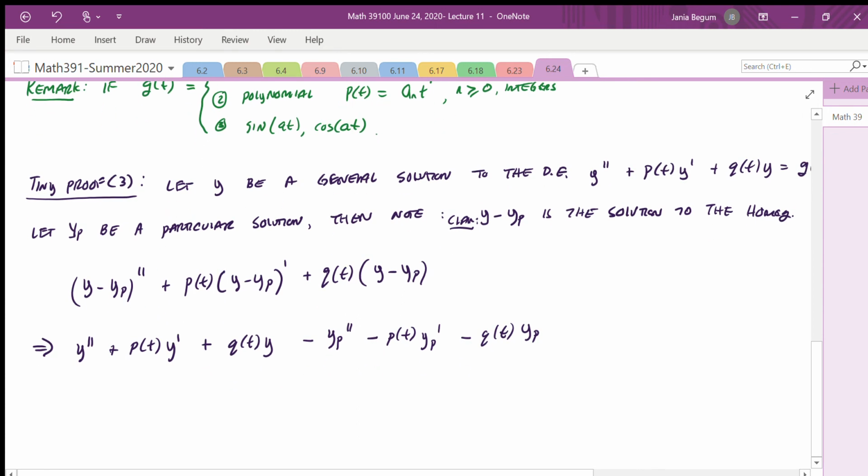Now I'm just going to pull the negative out and factor these. So this is how it looks.